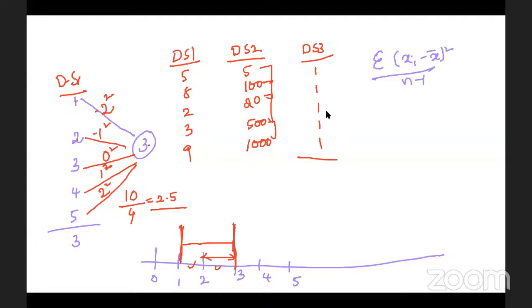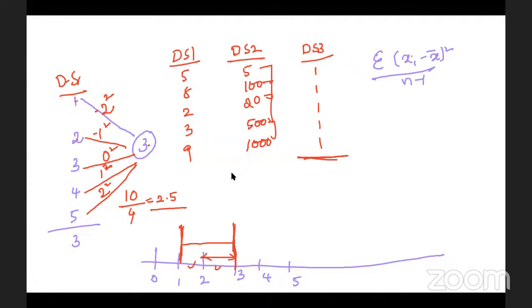And what is the variance for data set 3? 0, exactly. The variance for this data set 3 is 0.